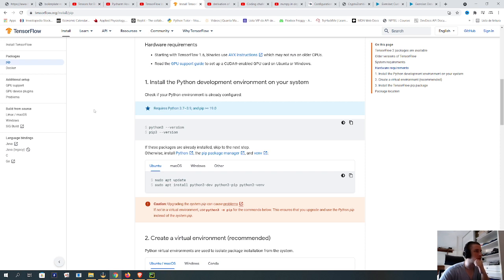Check if your Python environment is already configured. It shows a mistake for mine, but pip is showing 3.10.